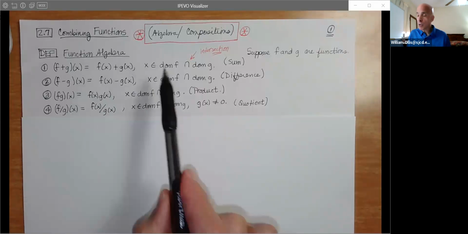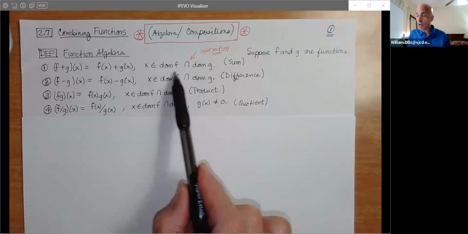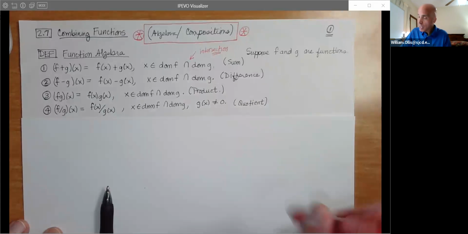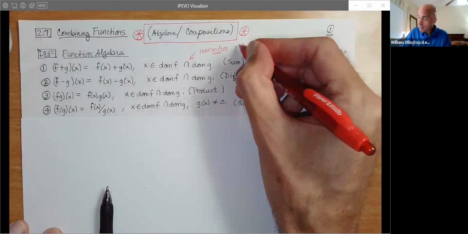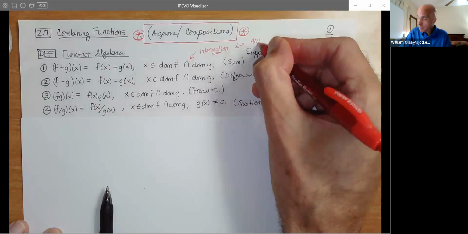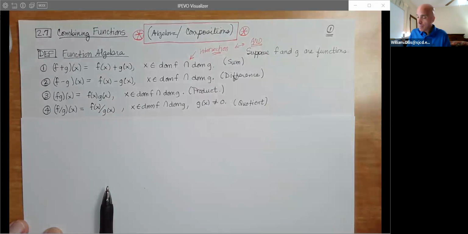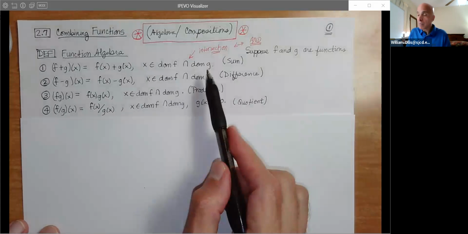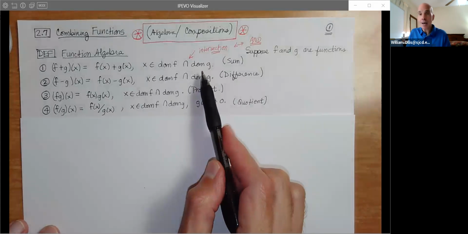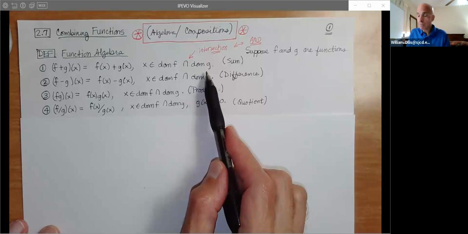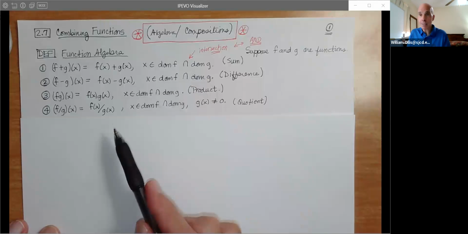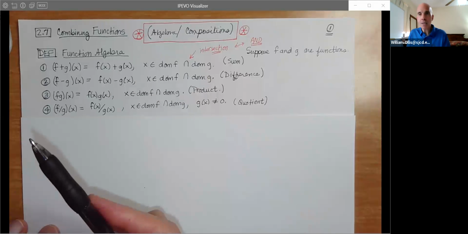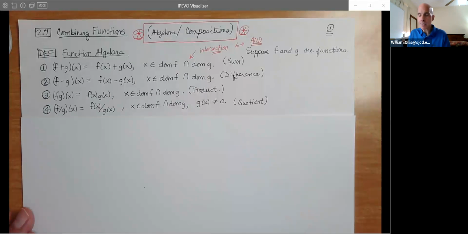So here we've written this just to remind ourselves, intersection. And of course, with intersection, you think and. That is, x is an element of the domain of f, and x is in the domain of g. It's an element of both sets. So it's written here, but again, it should be apparent that that is the case.